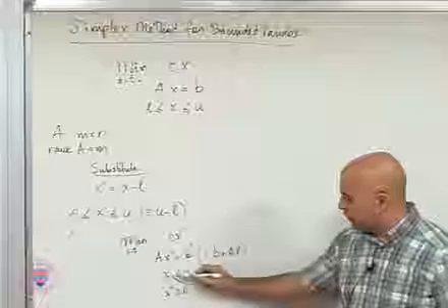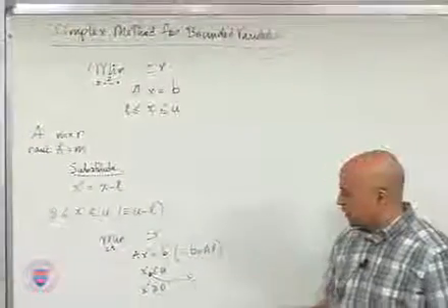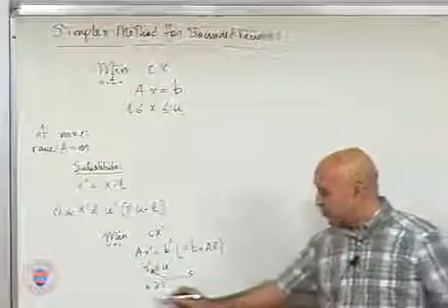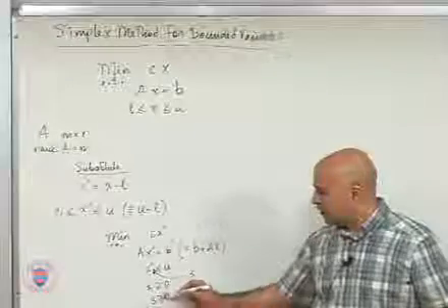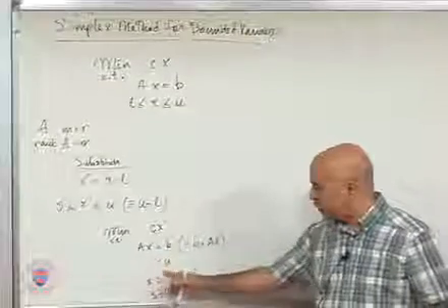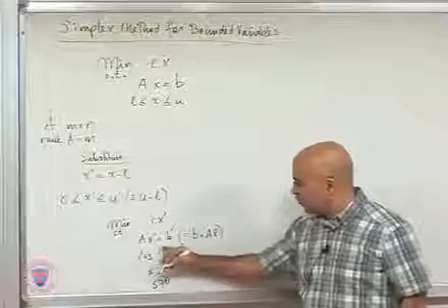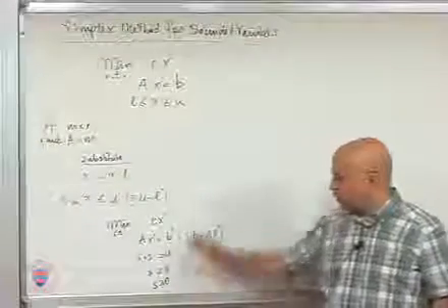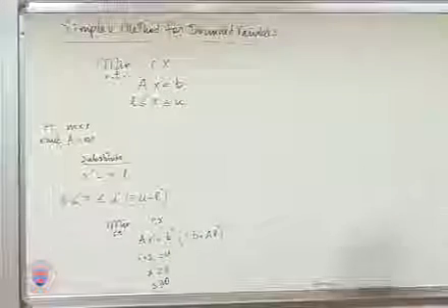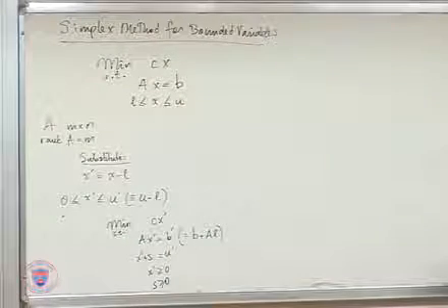So if you add a vector of slacks here, say S, and also require S to be greater than or equal to 0, this becomes, with slacks, x prime plus S equals U prime. So everything is in just about standard form.